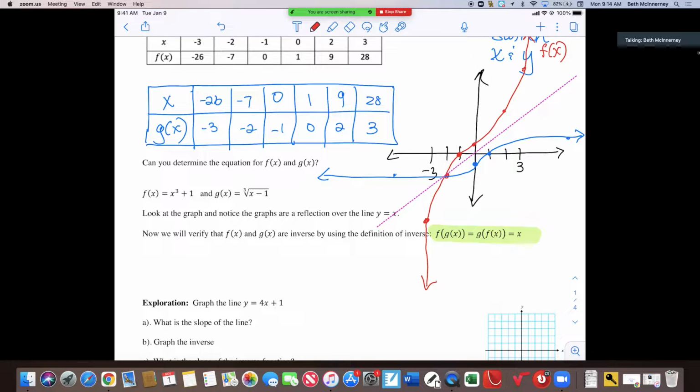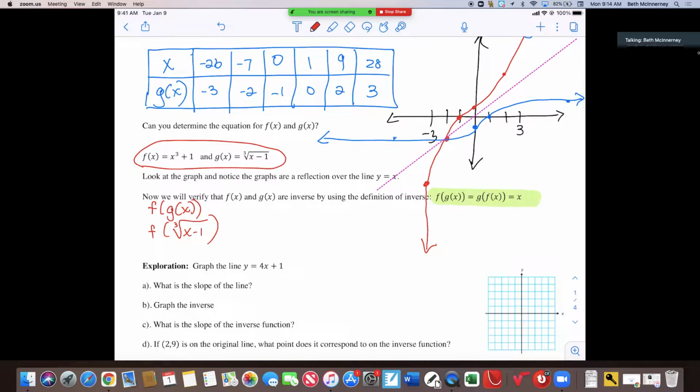So watch this. If this is my f of x and my g of x, I can do f of g of x. So that would be f of the cube root of x minus 1. And then f of x says cube the input plus 1. And do you see that's x minus 1 plus 1, which is x.